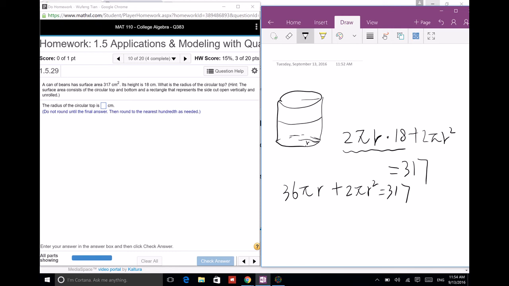I think that's how you solve that, and then you solve for r, and pi is a constant, 3.14. You can do that. Okay.